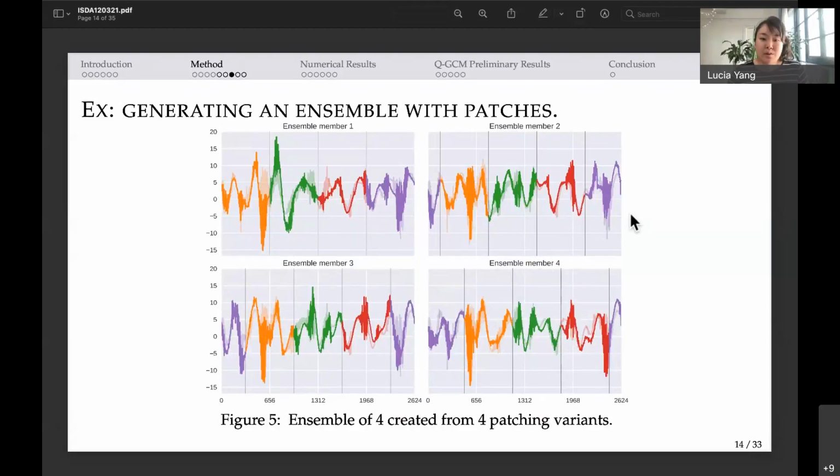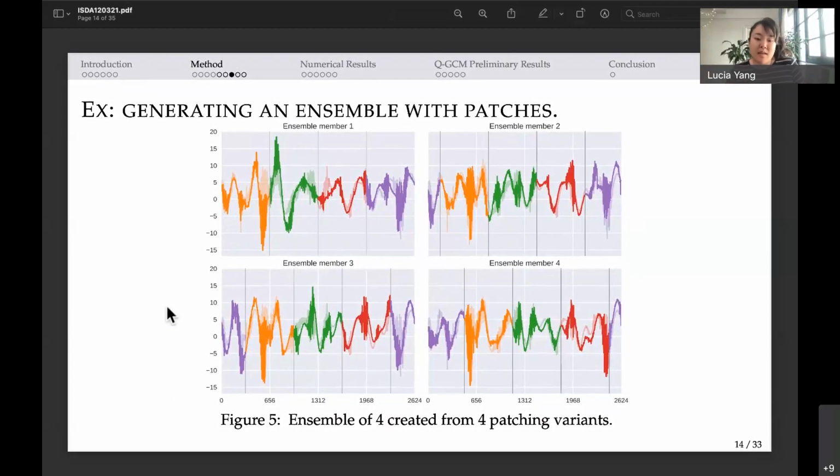Here I show you an example of an ensemble that is generated using our method. All four of these analogs are generated from the same state. They were partitioned differently, so they have different patch boundaries, and each of these 16 patches was encoded using the same variational autoencoder, then noise was added, then decoded.